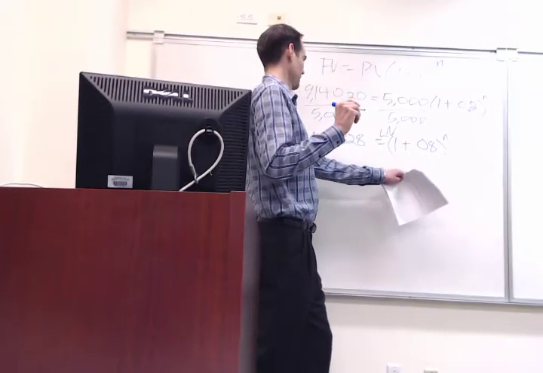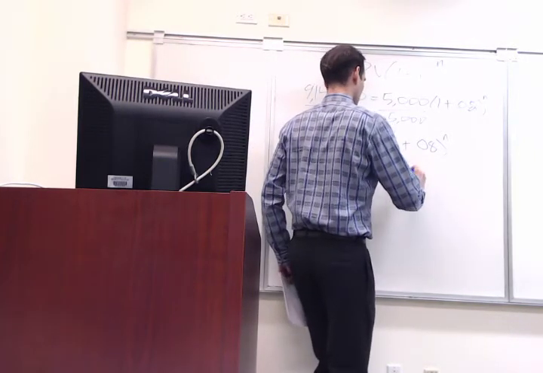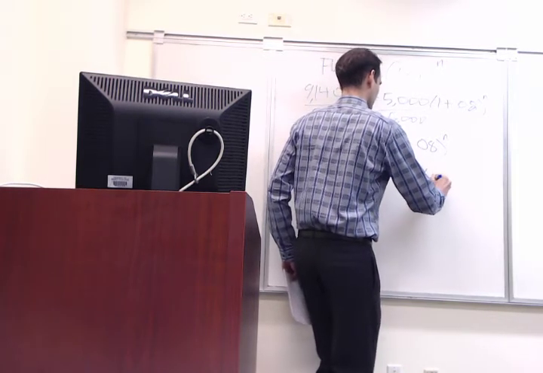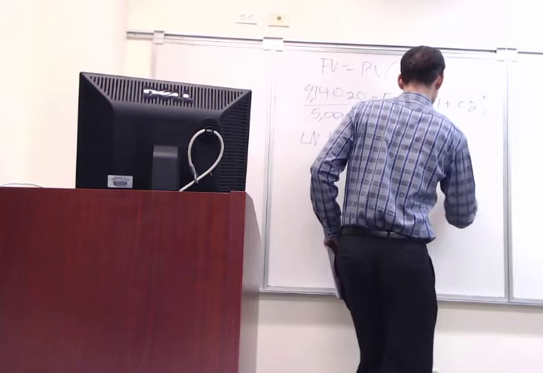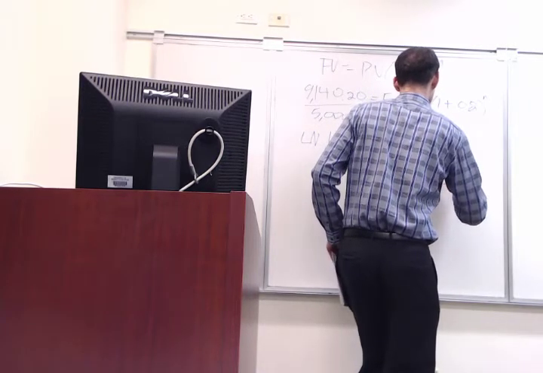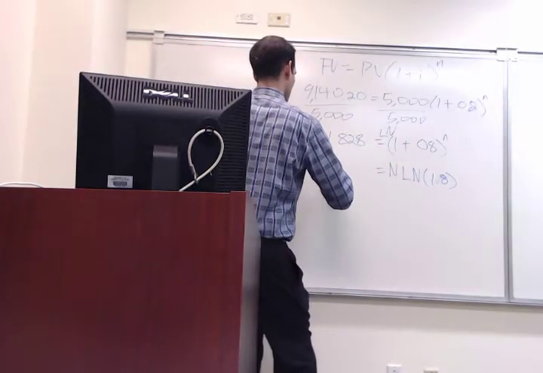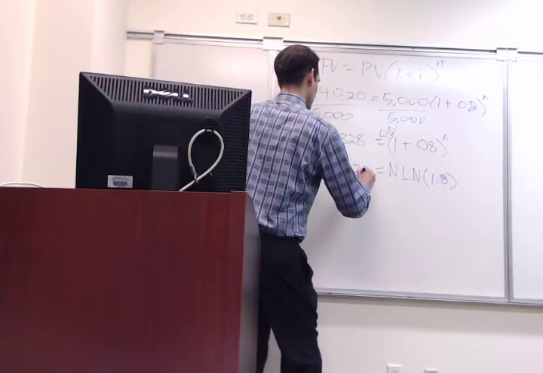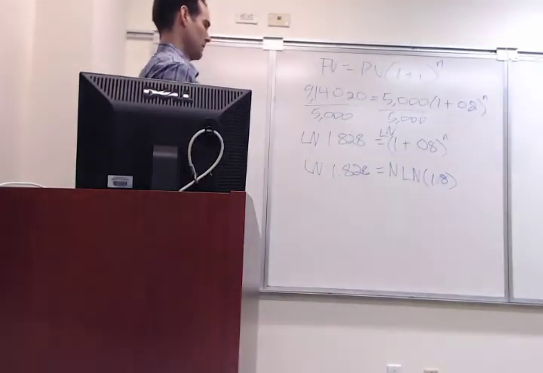I'm on this side of the equation right now. n, ln, 1.08. So the natural log of 1.828 equals the natural log of 1.08, right?